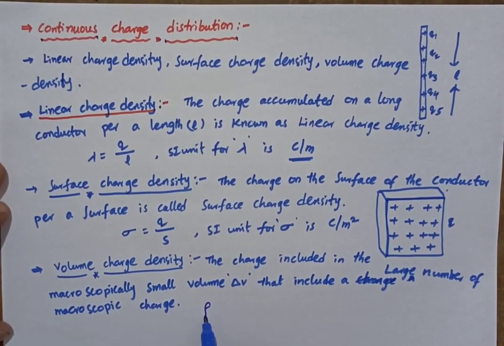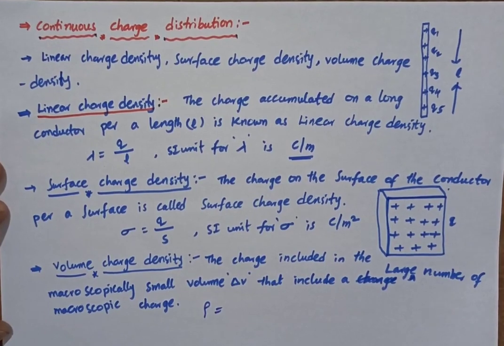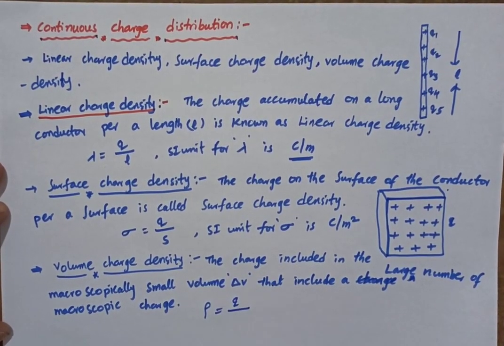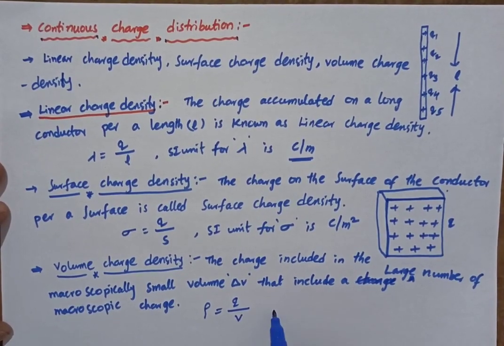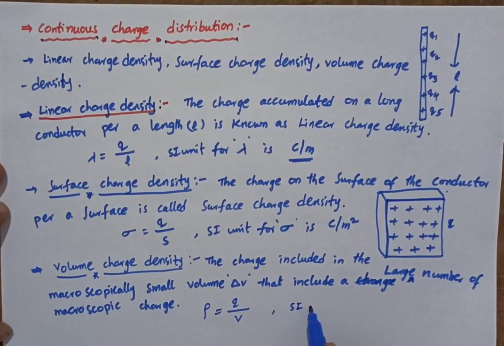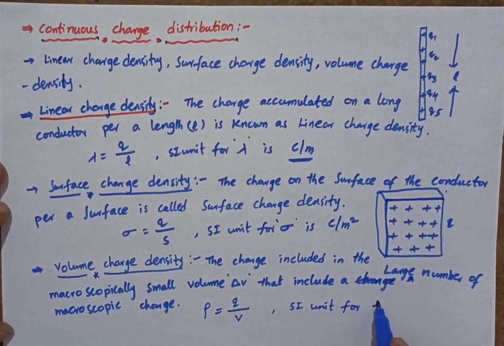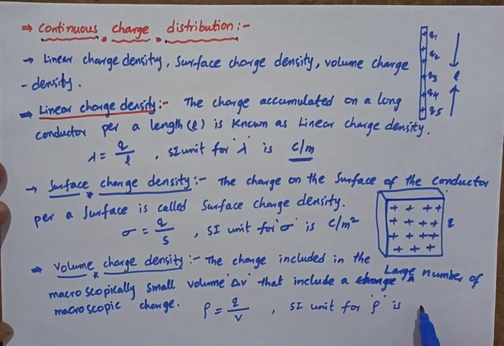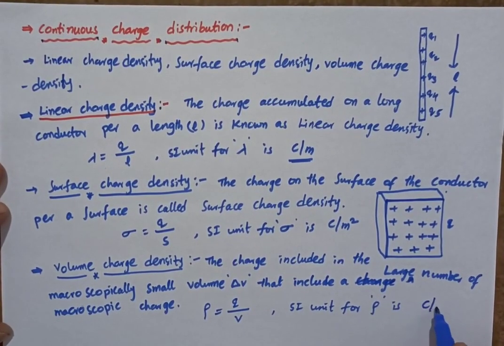The volume charge density is denoted by rho equals the macroscopic charge by volume. The SI unit for rho, the volume charge density, is coulomb per meter cube.